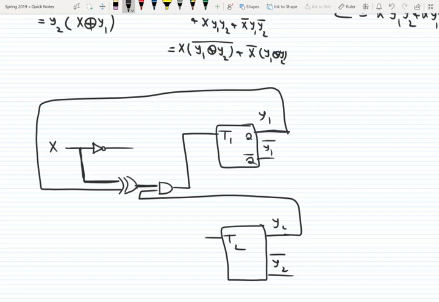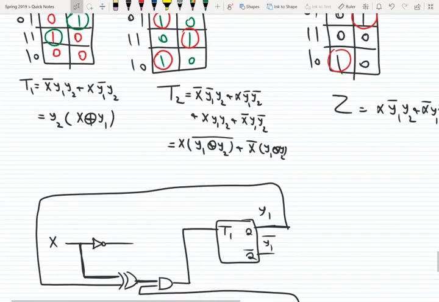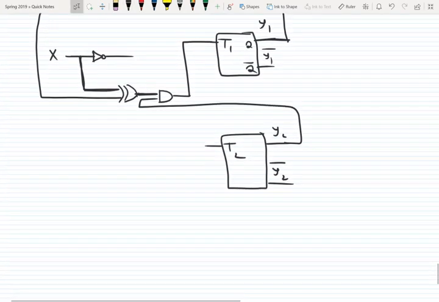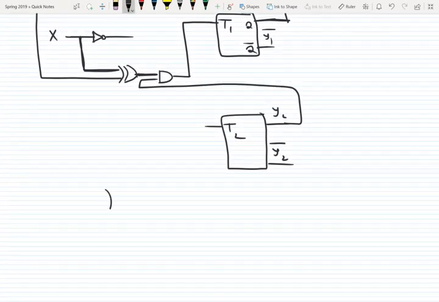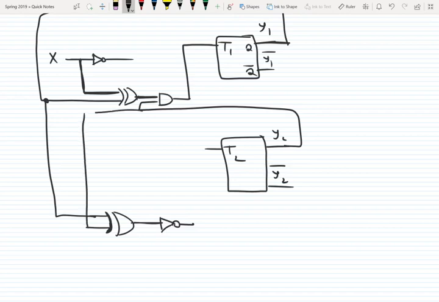So this one is the T1 connection. What about the T2 connection? For T2, we should XOR y1, y2, and the XNOR of them, and of course if it's not XOR it gives XNOR. So these inputs should be y1, y2. Let's see, y1 is coming from here, y2 is coming from here.